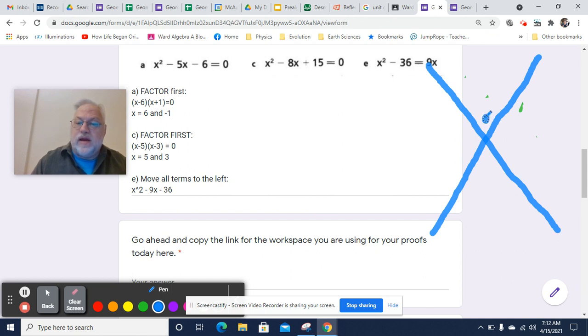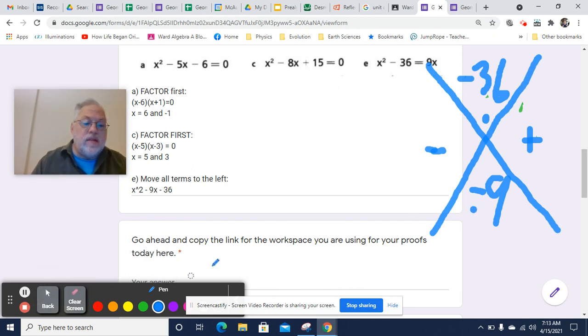So the product has to be negative 36, and the sum has to be negative 9. So one of the factors will be negative, the other one will be positive. So let's work it out. So 2 factors of 36 that are 9 apart from each other, essentially.